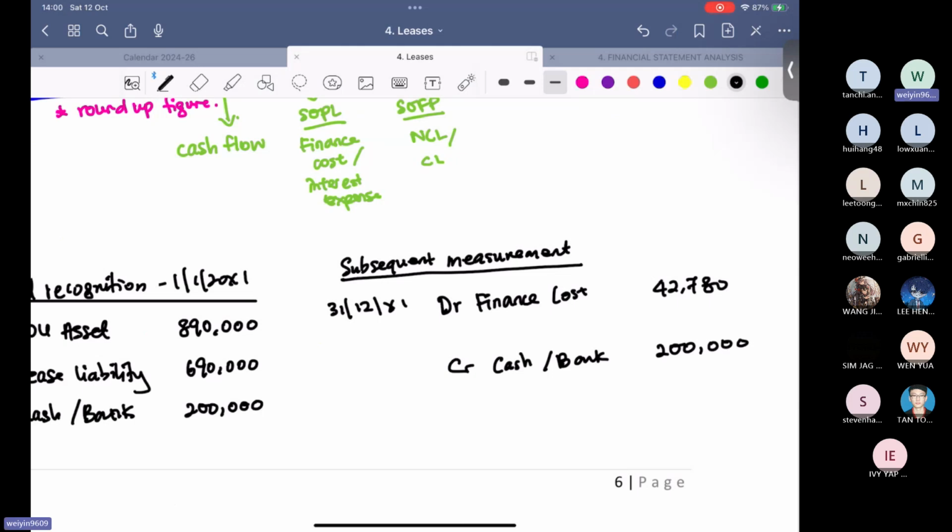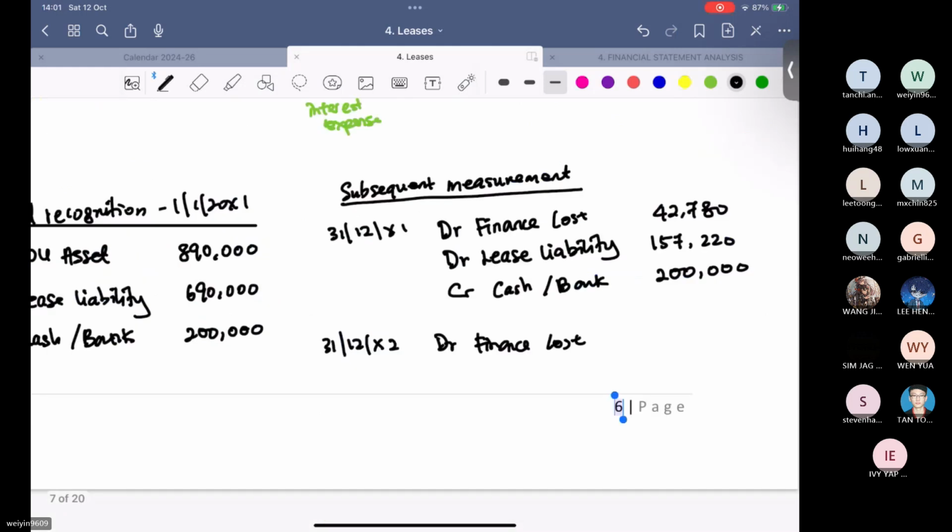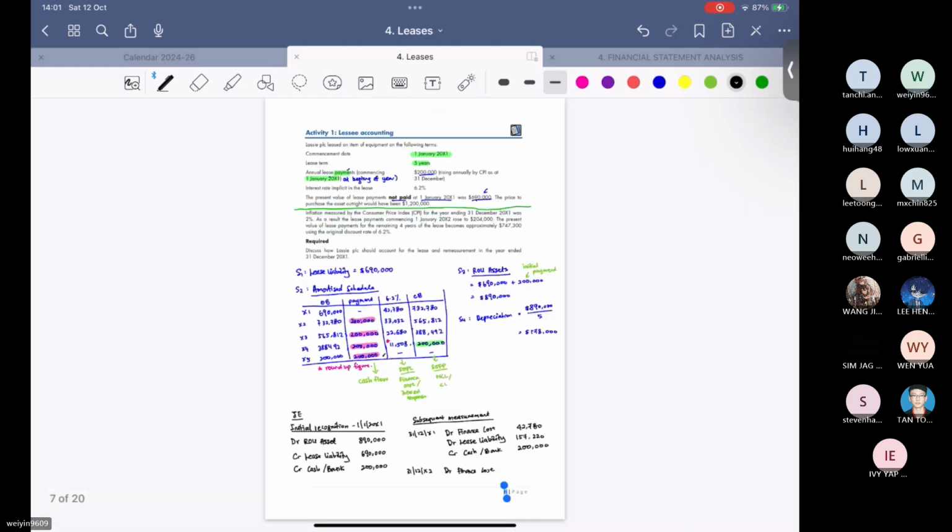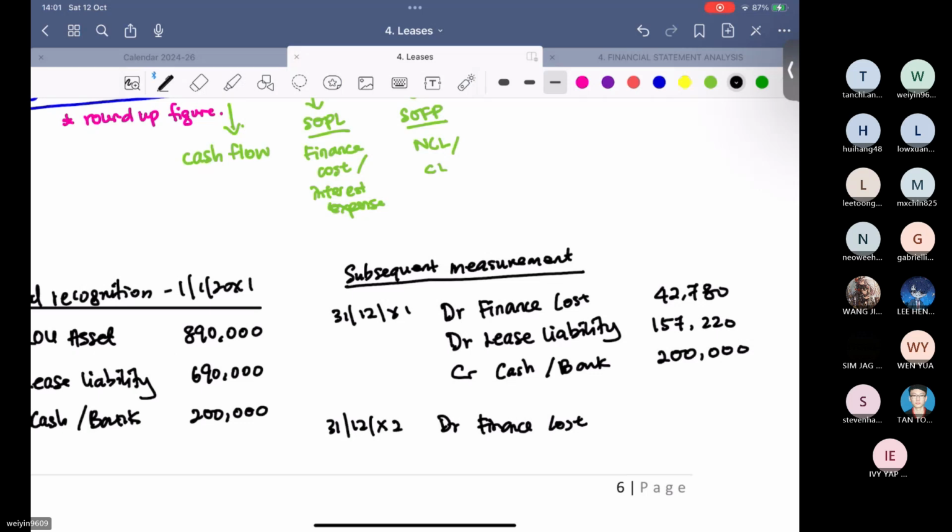And can you see my account cannot balance? So the cannot balance one, we will debit to lease liability with the balancing figure. So 200,000 minus 42,780, 157,220 like this. If you go for the second year, it will be the same. Debit finance cost 33,032.